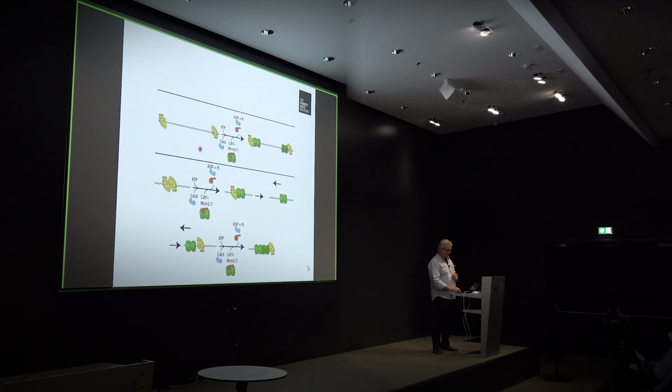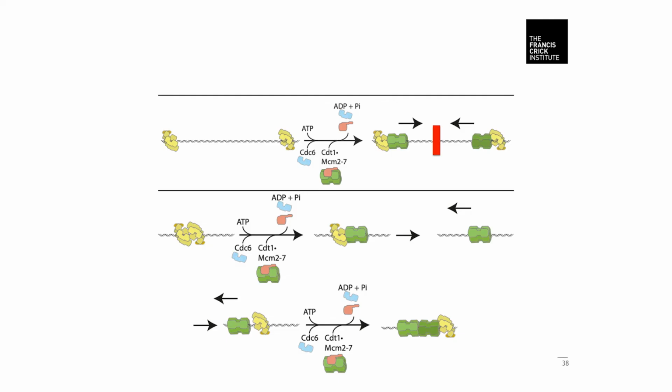So for example, when you have two sites that are far apart, presumably each can bind and load an MCM complex, and then somehow they have to translocate to meet each other. And we know that if we put a roadblock between two ORC binding sites, it completely blocks double hexamer formation. And then there's the third kind of way it might work, which is when the two sites are at an optimum distance apart.